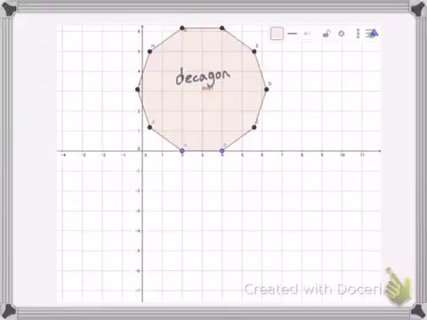Next, we have a decagon. It's a 10-sided figure. I want you to find the degrees of rotational symmetry for this one. Alright, so right here we have 10 sides, so we say 360 divided by 10. That's going to give me 36. So we say 36.